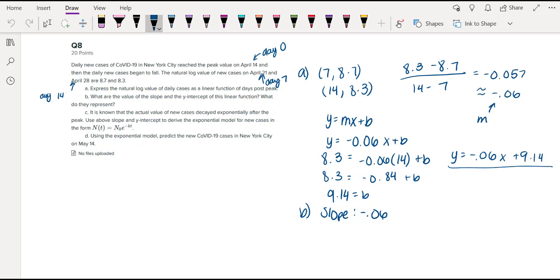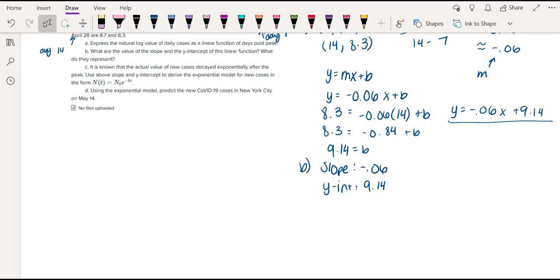My y-intercept is 9.14. What that tells us is that on day 0, which was April 14th, the log value of new cases is 9.14. So the y-intercept represents the natural log value of new COVID-19 cases during the peak.